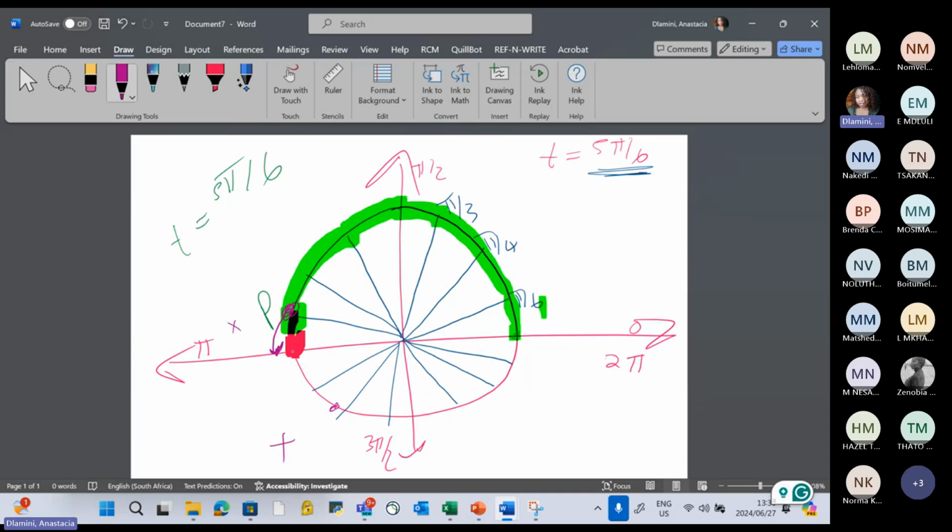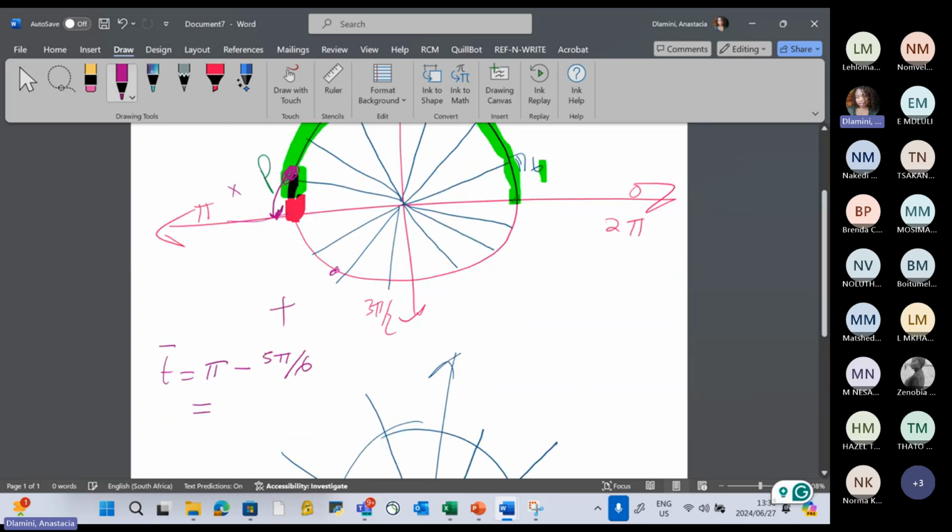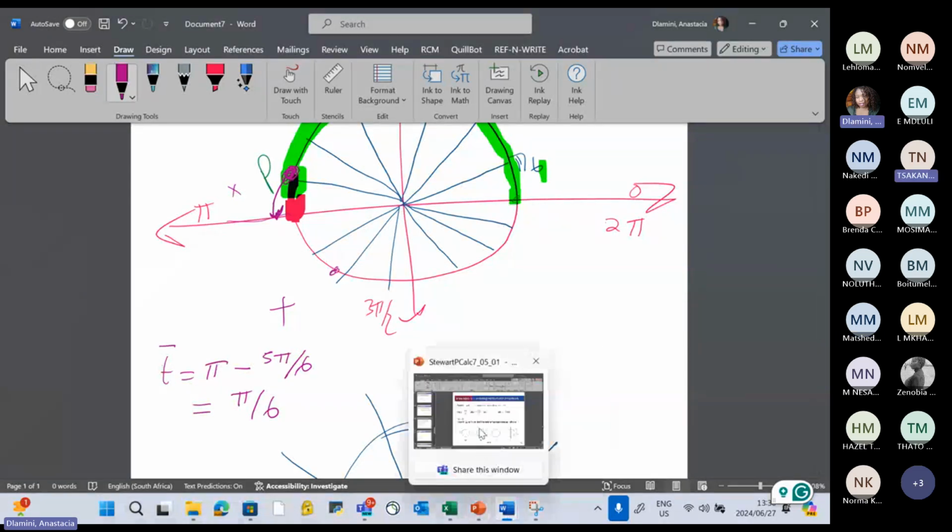We know that here it's 180, so the reference number is pi minus t, which is 5 pi over 6. Then our reference number is equal to pi over 6. Are we together, guys? Yes, ma'am, now it makes sense.